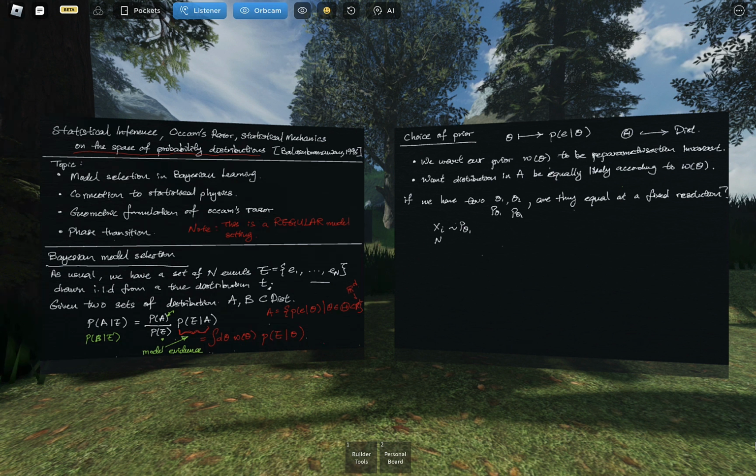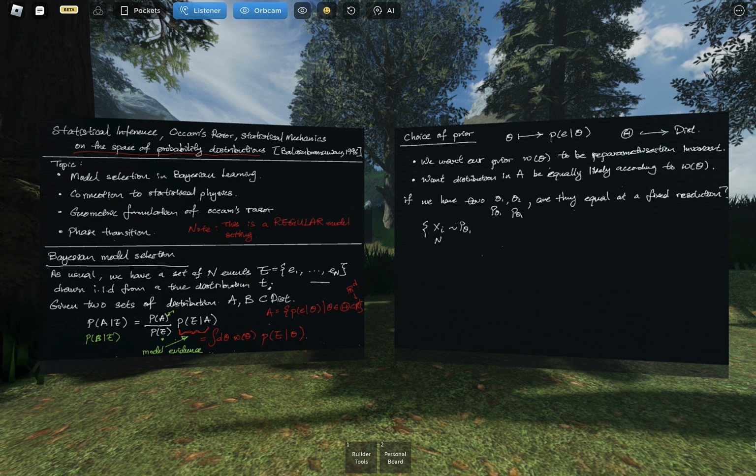If I only observe the x's, can I tell definitively that it comes from P1 and not P2, right?